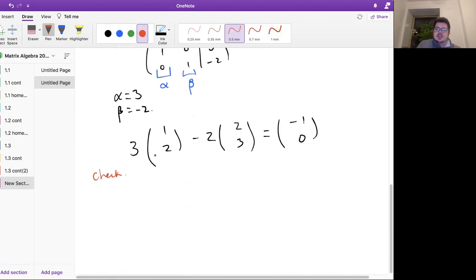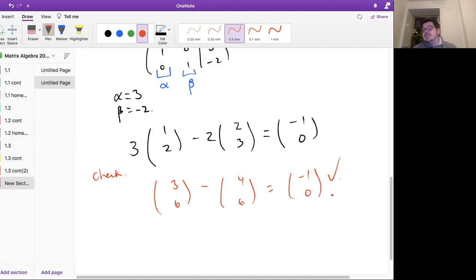So let's just check it. So this makes (3, 6) minus (4, 6), which, good, is equal to (-1, 0). So good, we did it. We found the linear combination that gives you (-1, 0). Okay, any questions on that?